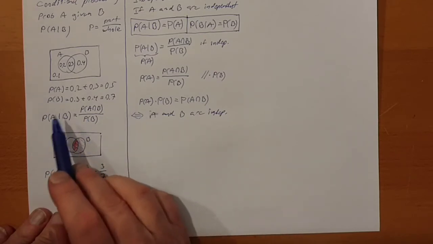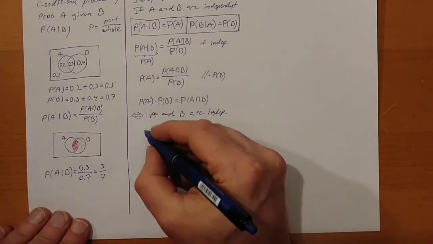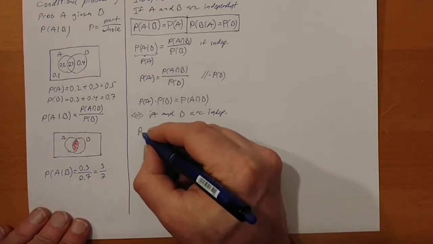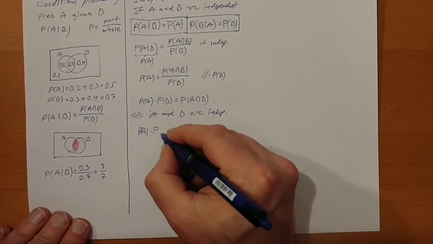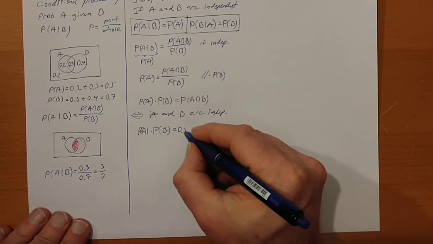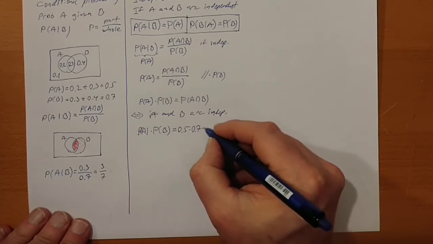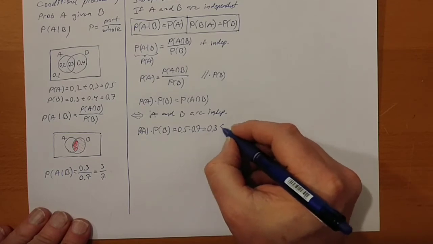So let's check the case we have over here. Are these two events independent or dependent? So what we do is we take the probability for A and multiply that by the probability for B. And that will in this case give us 0.5 times 0.7, and that is equal to 0.35.